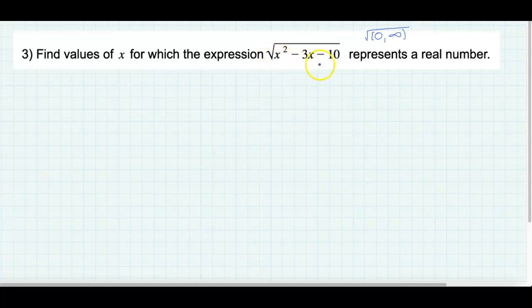If we think visually about this as a function, let's call this value y. y is equal to x squared minus 3x minus 10.